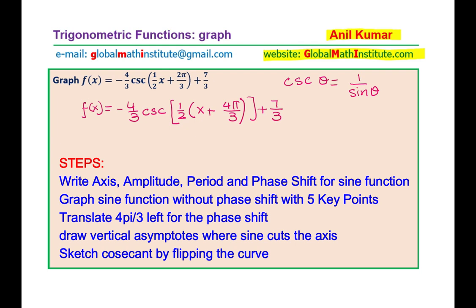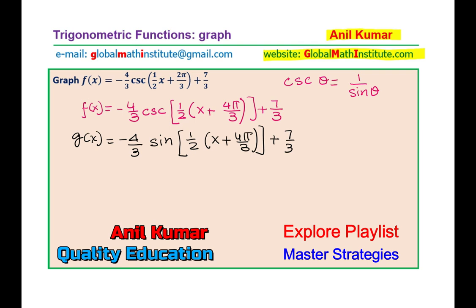Once you have this, one of the most important things is we have to now sketch, let's say, g of x, which will basically be sine of half x plus 4 pi by 3, plus 7 over 3. That is what you have to sketch. Once you sketch the sine function, then it is easy to sketch the cosecant function. So that's what we are going to do.